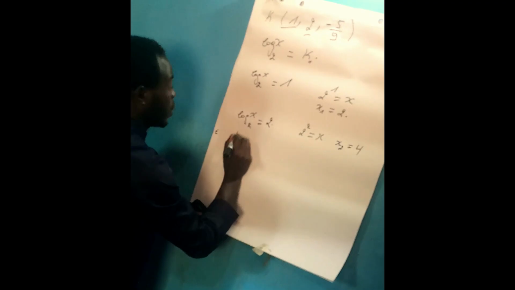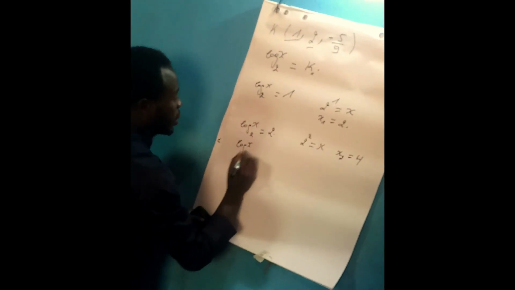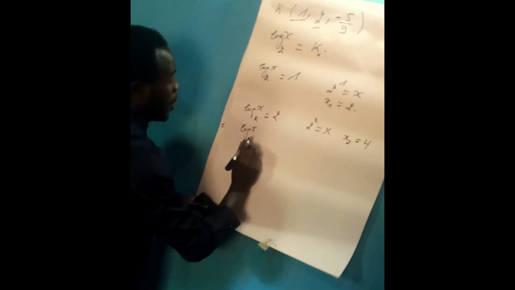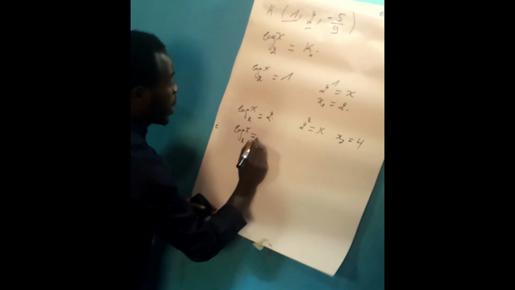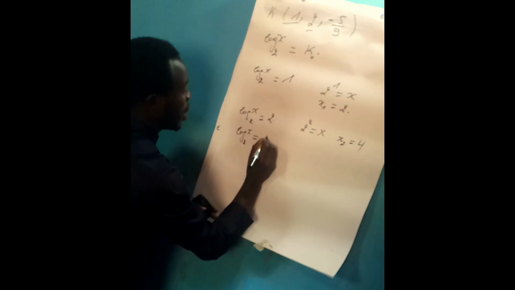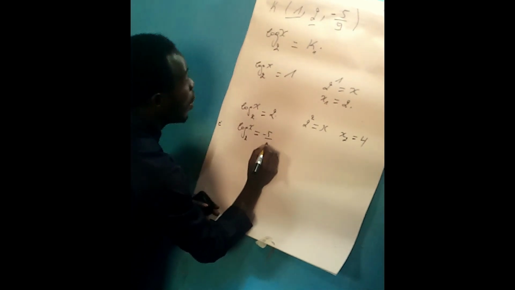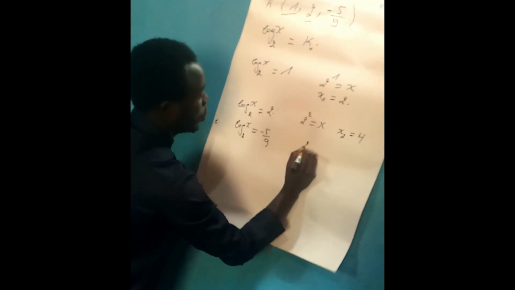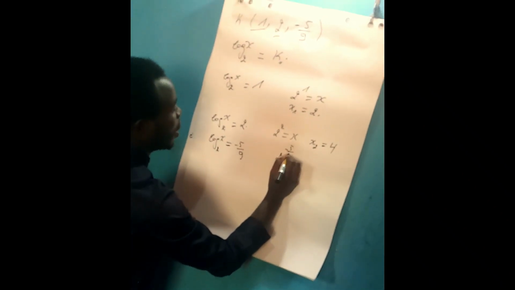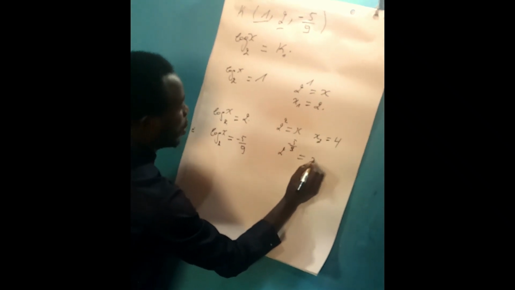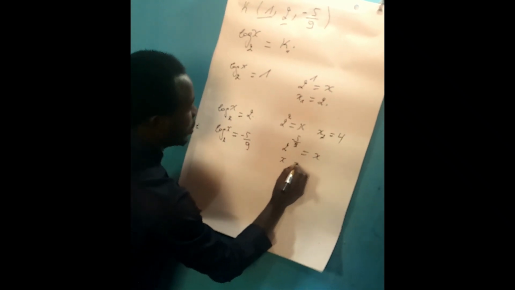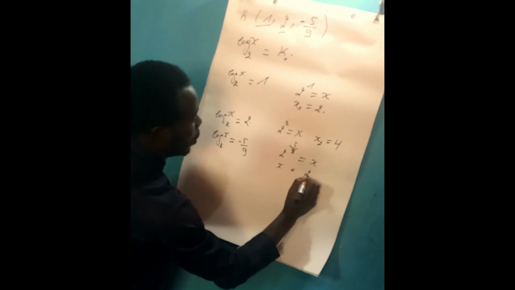Then move to solution 3. We have logarithm of x base 2 is equal to k3, which is minus 5 over 9. So 2 power minus 5 over 9 is equal to x.